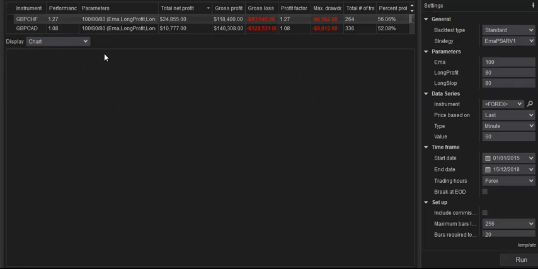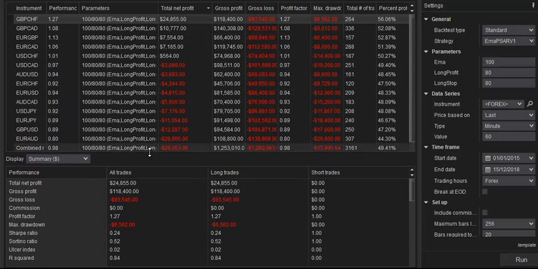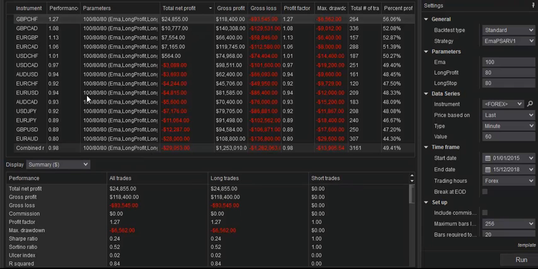So just to have a quick look, what I want to look at is all the different currency pairs that these parameters have been set on, and then the total net profits and losses associated with that.